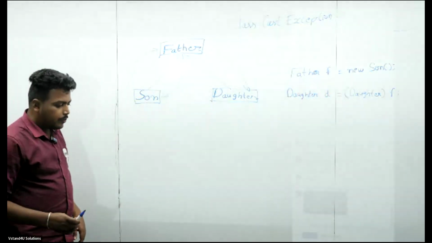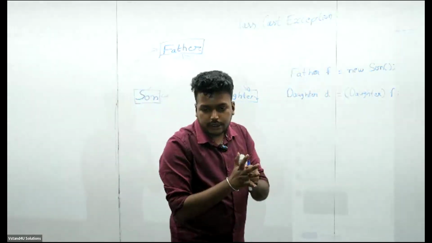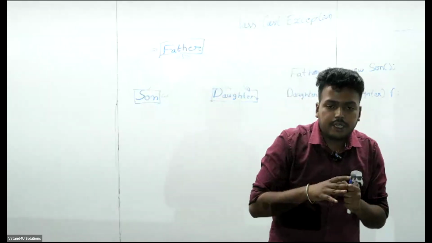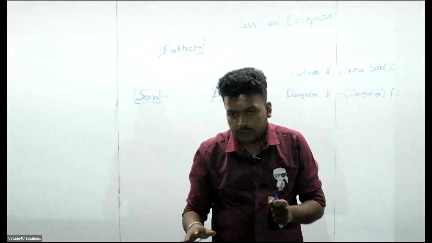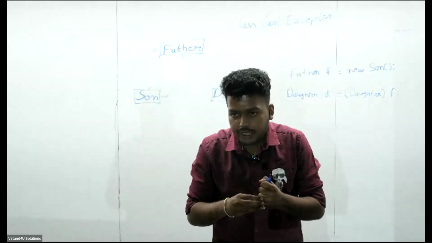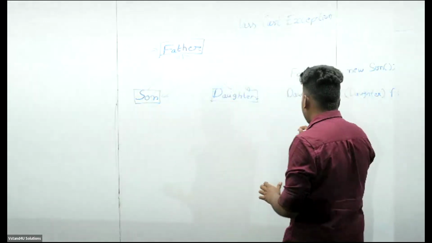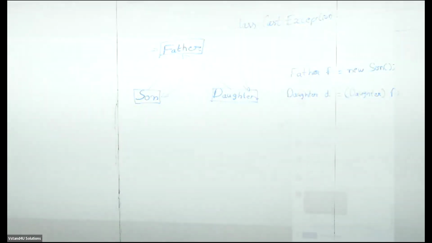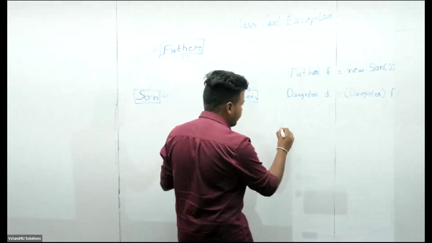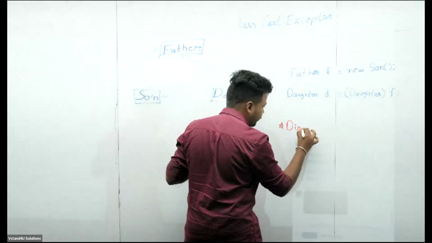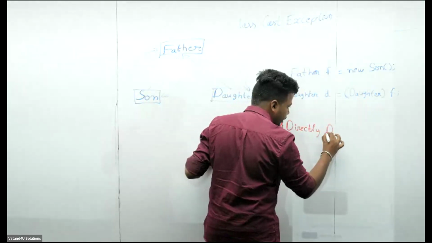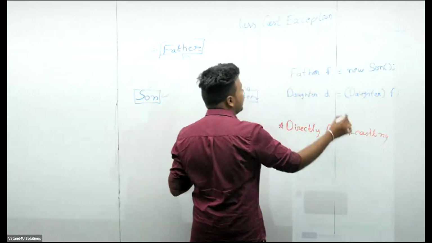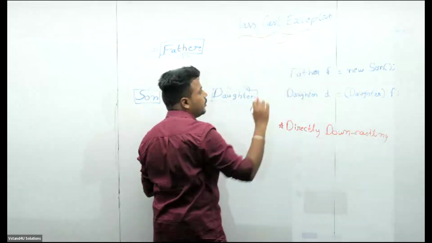Now, you know upcasting and downcasting, no? Whenever I directly do downcasting without upcasting, Java will throw an exception called class cast exception.